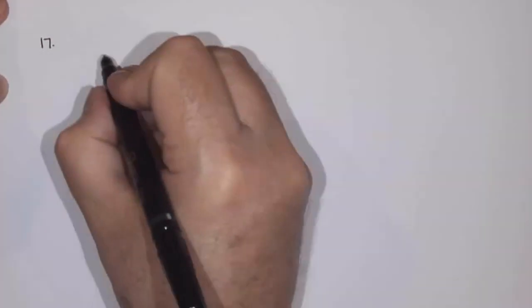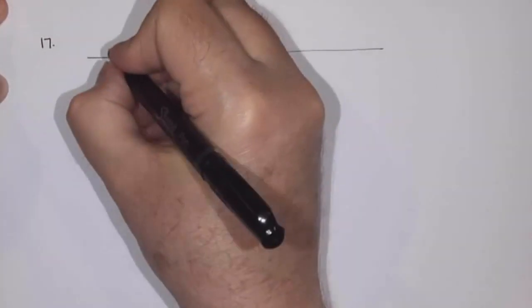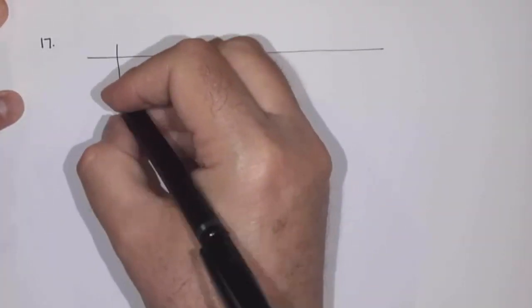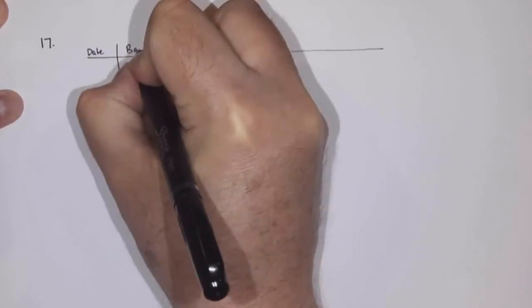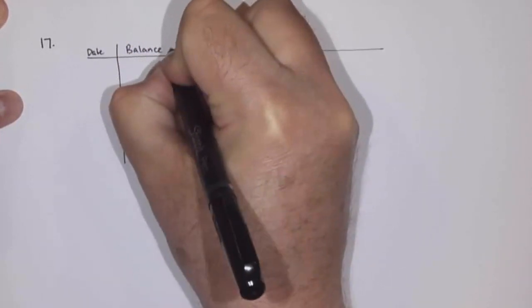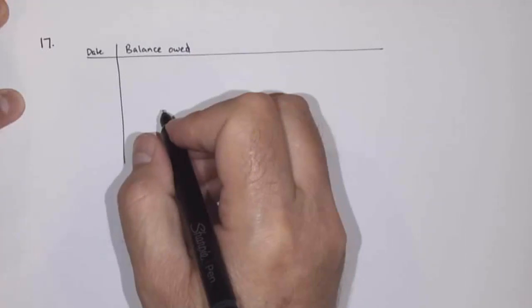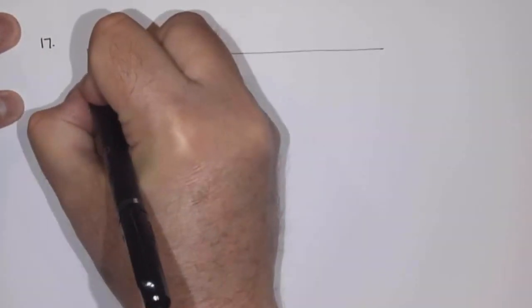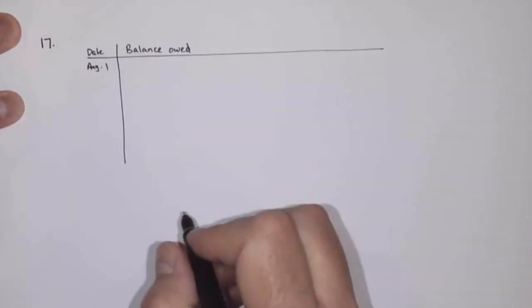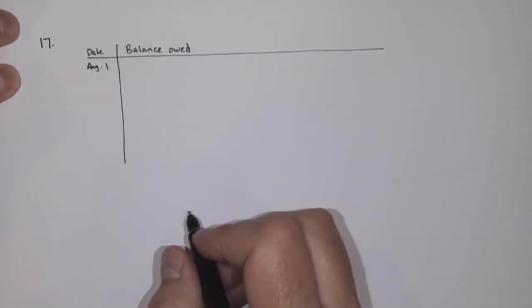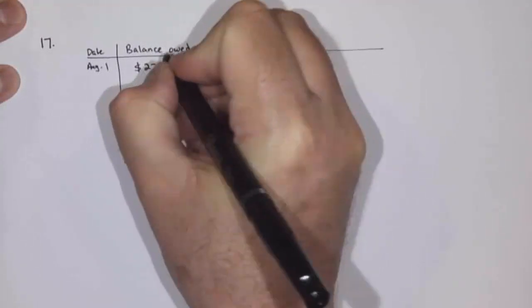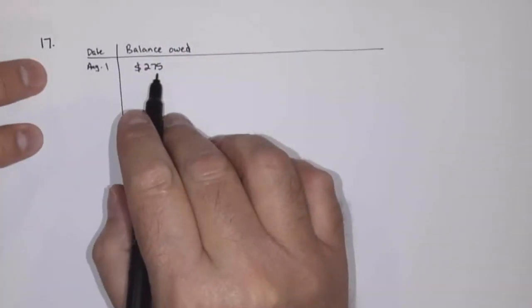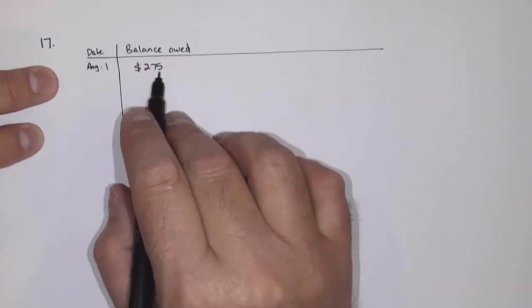So for problem number 17, I want to think about the dates and the balance on the dates. On August 1st, the balance was $275, and in fact, that balance stayed that until the 5th.